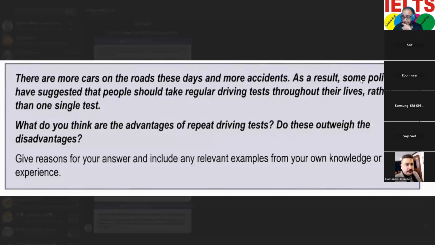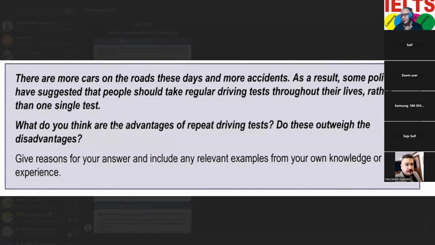As a result, some politicians suggested people retake the driving tests rather than one single test. These are the pieces of information which you need to include in your paraphrasing sentence.